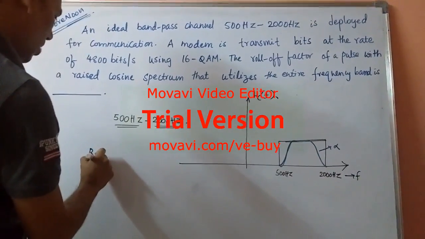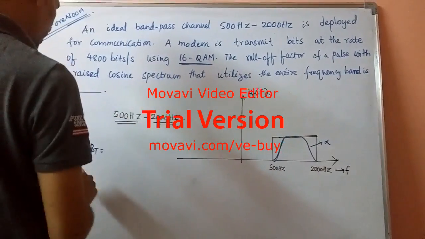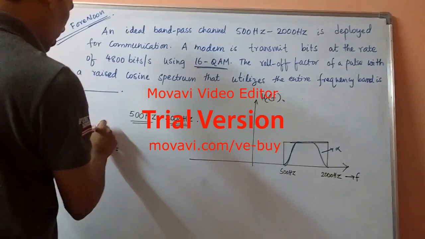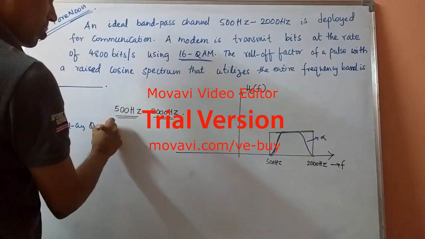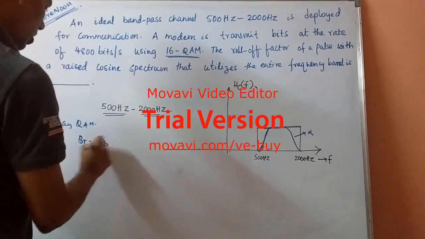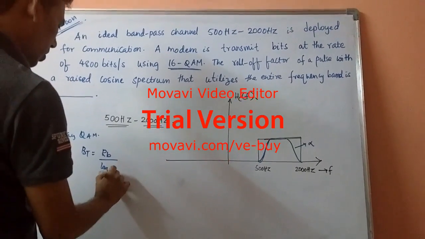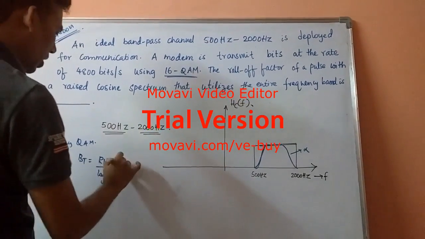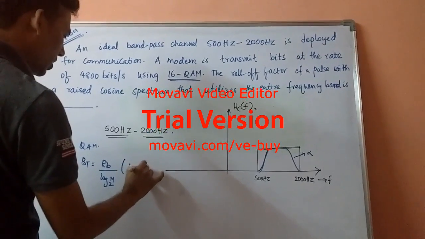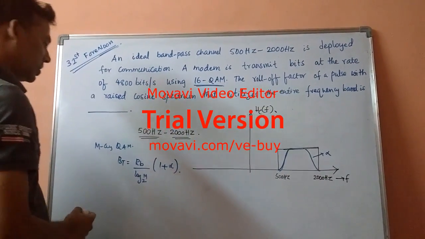The transmission bandwidth for M-ary QAM is BT equal to RB over log M base 2, into 1 plus alpha, when we are using a raised cosine pulse.